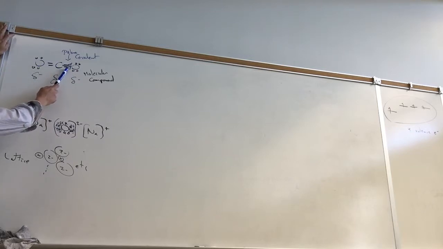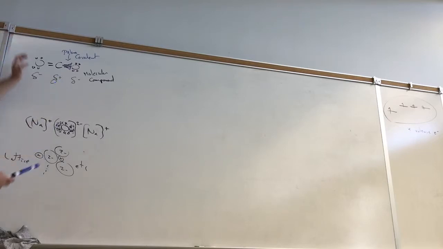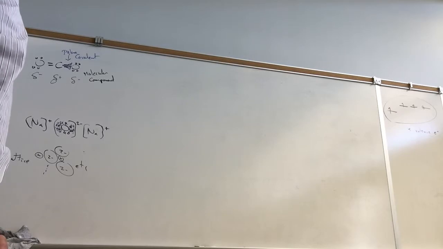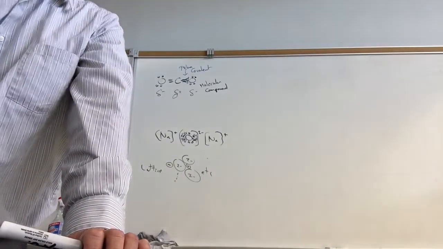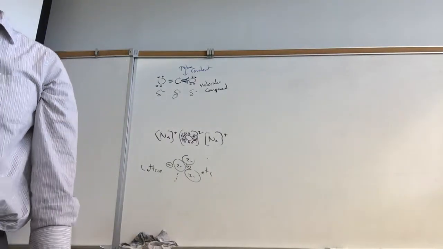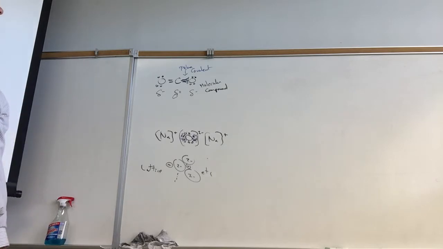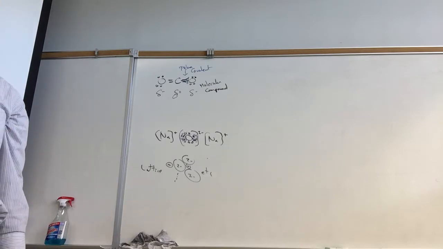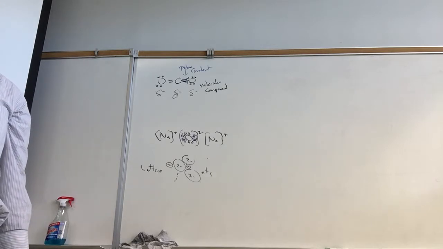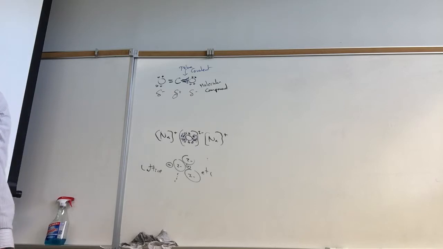But since it wasn't able to completely strip it away, it's some charge less than -2, and this is some charge less than +4. If we want to figure out what the charges are, we can do that either by calculating theoretically using quantum mechanics or by measuring bond dipoles. They call them dipole moments. And we can measure dipole moments, how strong that dipole is.